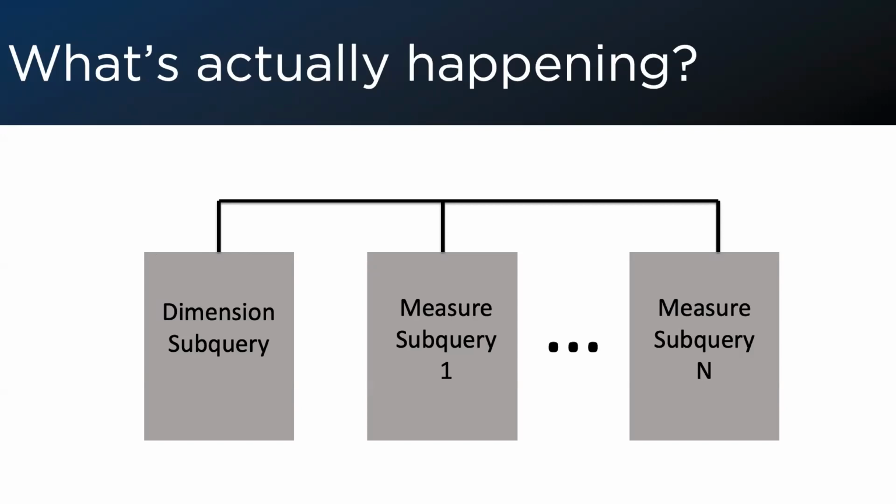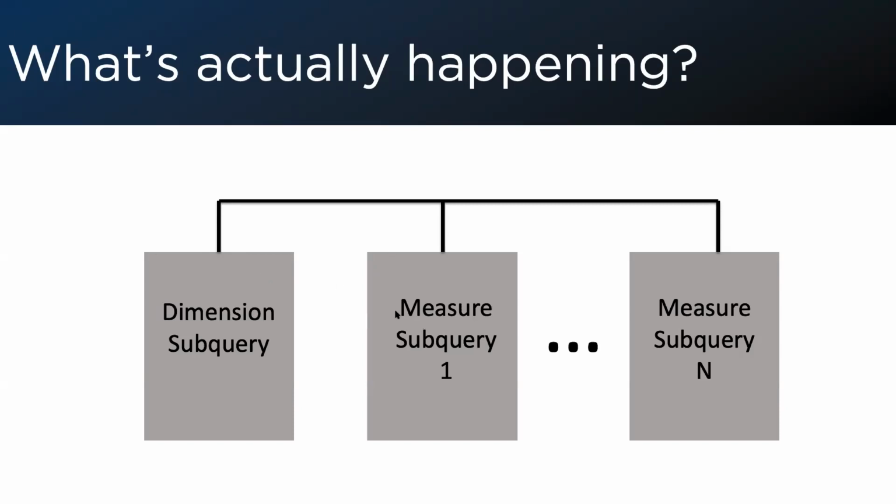Earlier when I dragged city to the view, Tableau sent a query just to get the city dimension. That's the first subquery. Then it sends a subquery for each of the aggregated measures that come from separate logical tables.